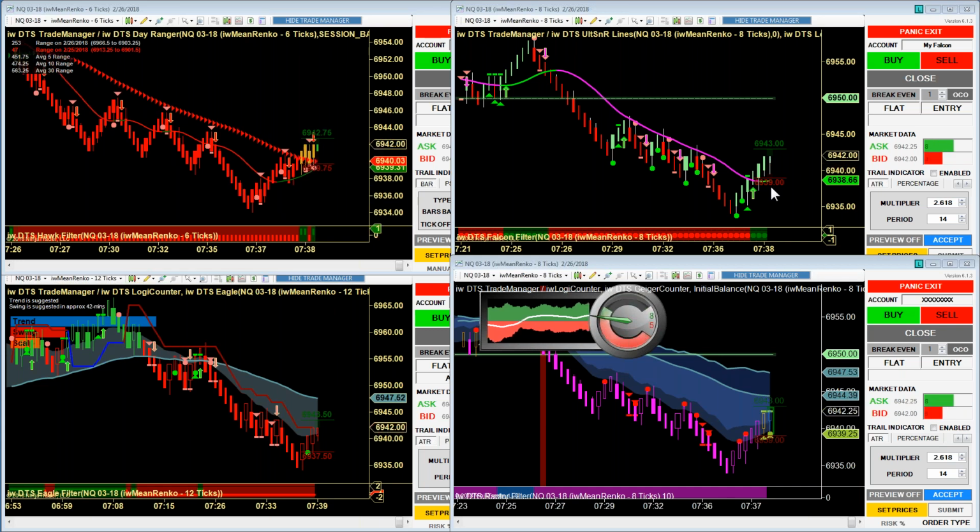Okay, the Hawk now into yellow bars, so that's starting to look a little bit more bullish.